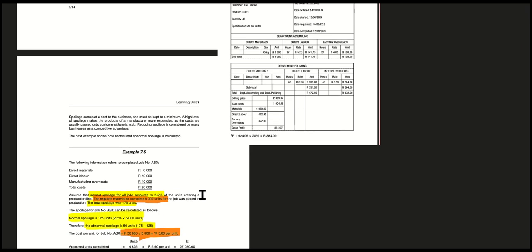Obviously, the normal spoilage is taken into account already, but what is abnormal? So if we assume, as per example 7.5, 2.5% is the normal spoilage.